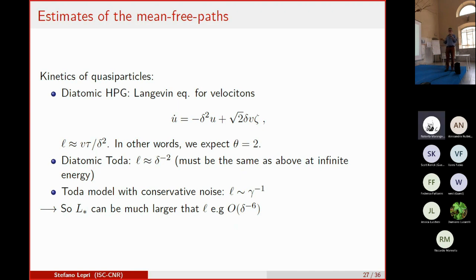But of course, this holds in the limit of infinite energies. So our surmise was that more or less this kind of scaling should hold also at lower energies. But of course, it's just an argument. Maybe this becomes, I don't know, delta to some other power. Okay.